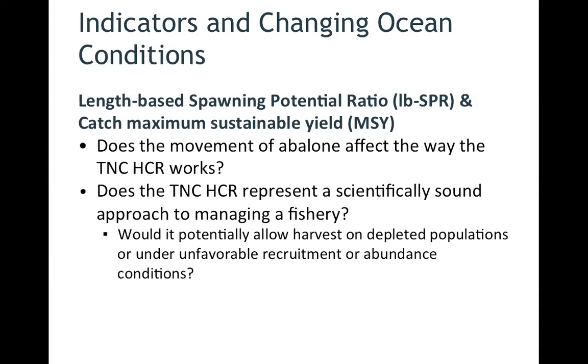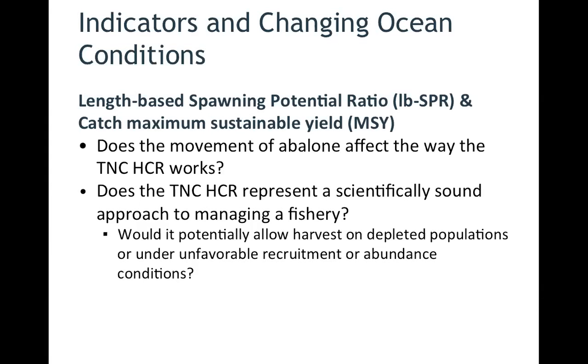So continuing down the indicators thread here, looking at the length-based spawning potential ratio and the catch maximum sustainable yield, folks were curious about, does the movement of abalone affect the way that the Nature Conservancy harvest control rule works? We heard that question before, but it's relevant here as well.